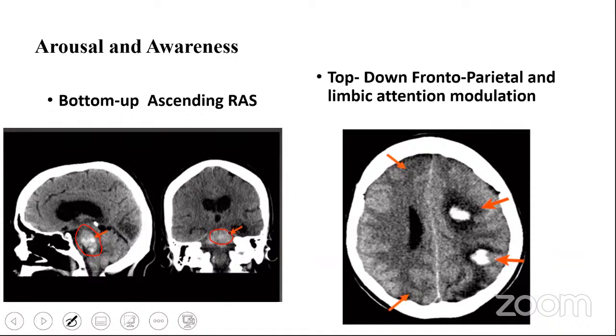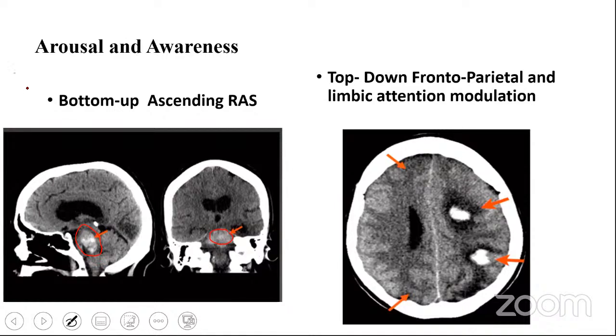We say where the eye opening is present spontaneously, if not, whether he opens the eye on command, or if it doesn't open on command also, you apply some painful stimulus, and if there is no opening, then we grade it as E1.